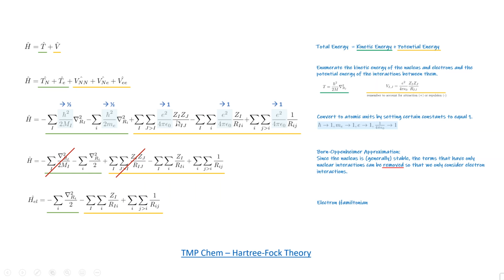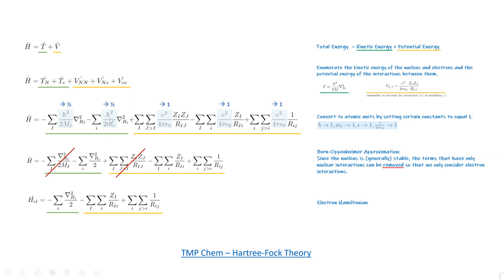But we can simplify it by converting to atomic units. We basically just set a bunch of things equal to 1, which we can always remember and convert back later, depending on the units that we want. So if we take this whole thing we can simplify to half, 1, 1, 1.